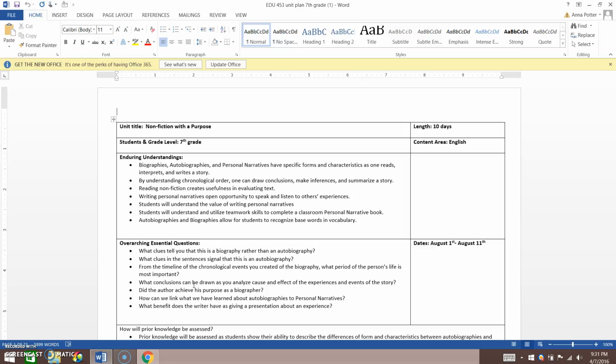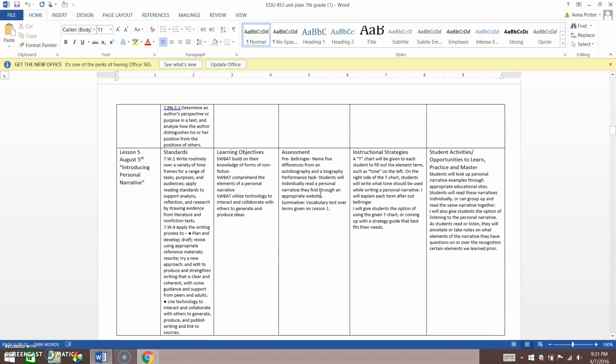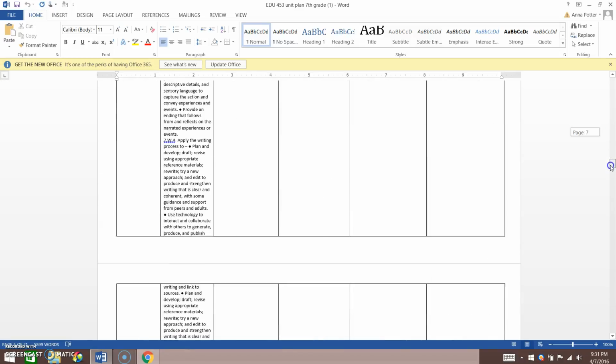Students will also be assessed through their effort to engage with class discussions about the content. Students will routinely hand in exit tickets, which will allow for students to summarize an aspect they believe was most important in the lesson given that day. And most importantly, we go down to the bottom of this unit plan.